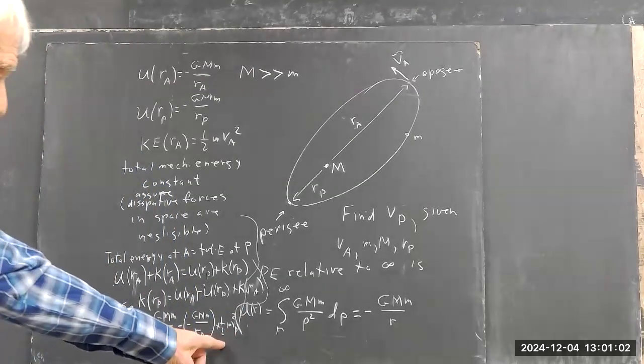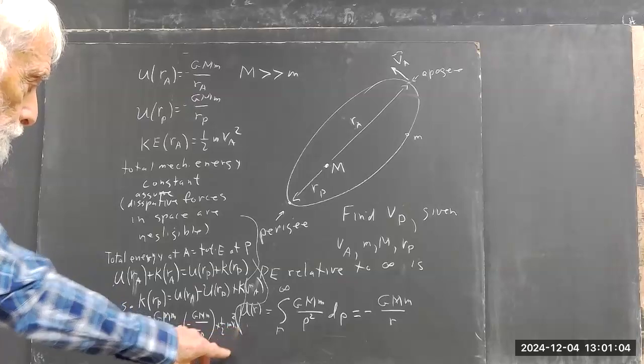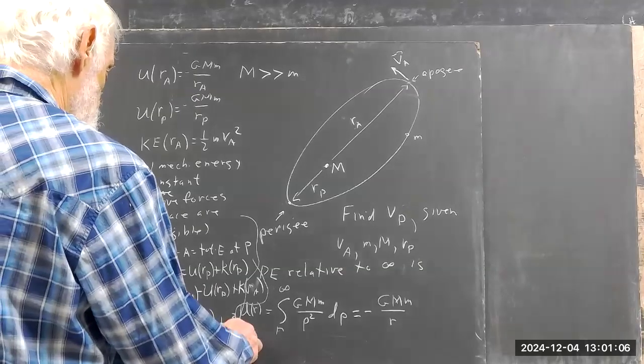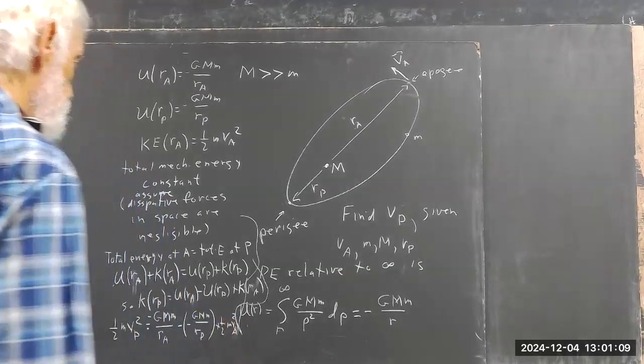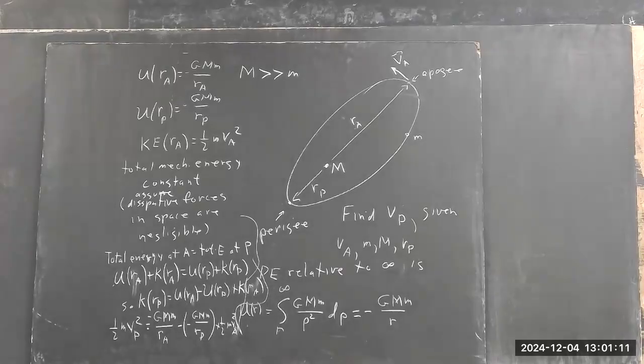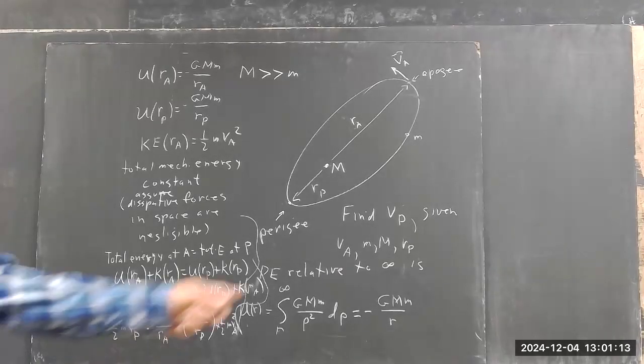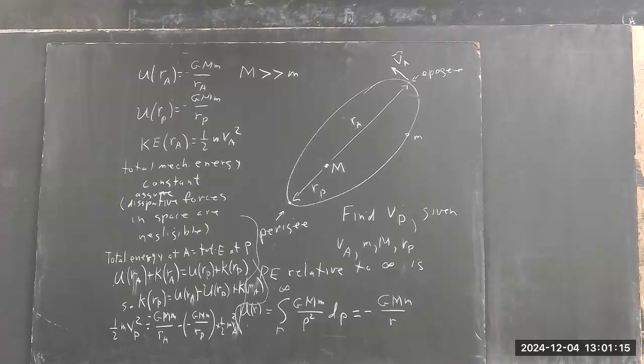That thing you can't read is just 1/2 MV_A squared. In other words, the problem is solved.